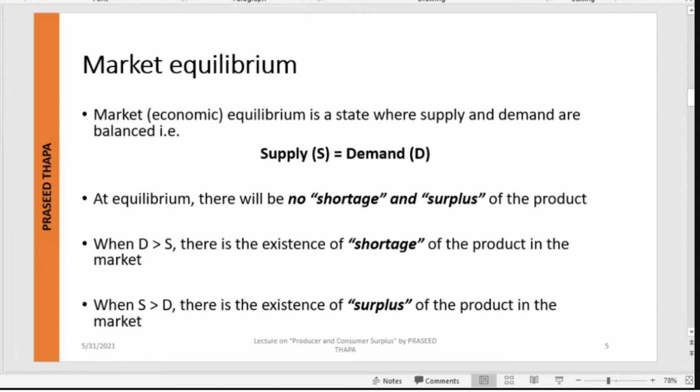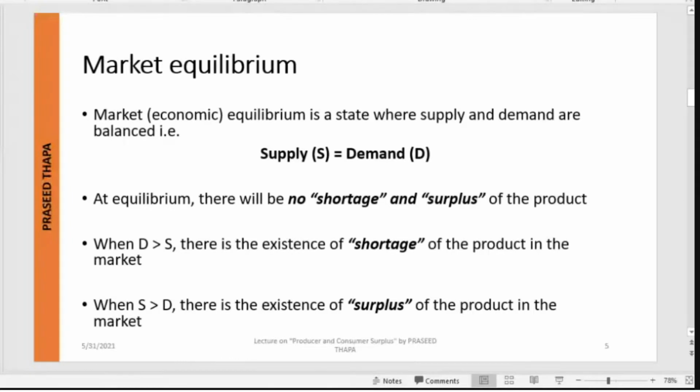So the excess is the surplus. 1,000 minus 100 is 900, and that 900 is your surplus. That surplus is the excess amount of strawberries in that particular market, and that is not the balanced market. In order to call any market a balanced market, the supply and demand should be exactly equal. This is all about the shortage, surplus, and no shortage and no surplus concept from the theoretical point of view.